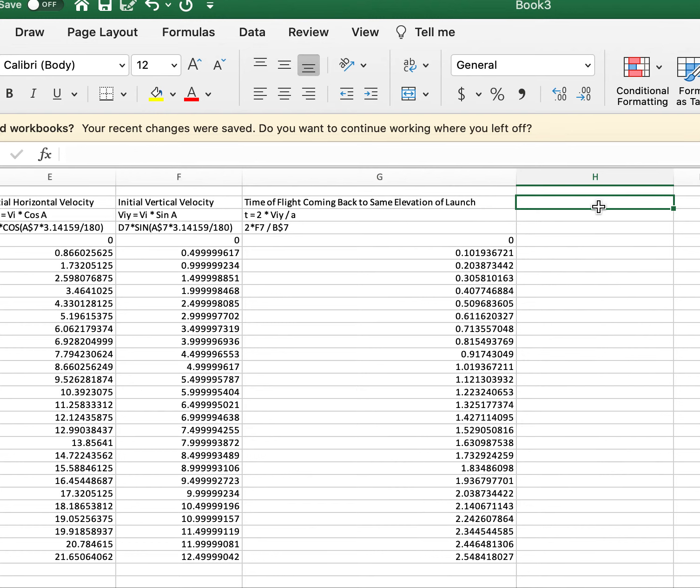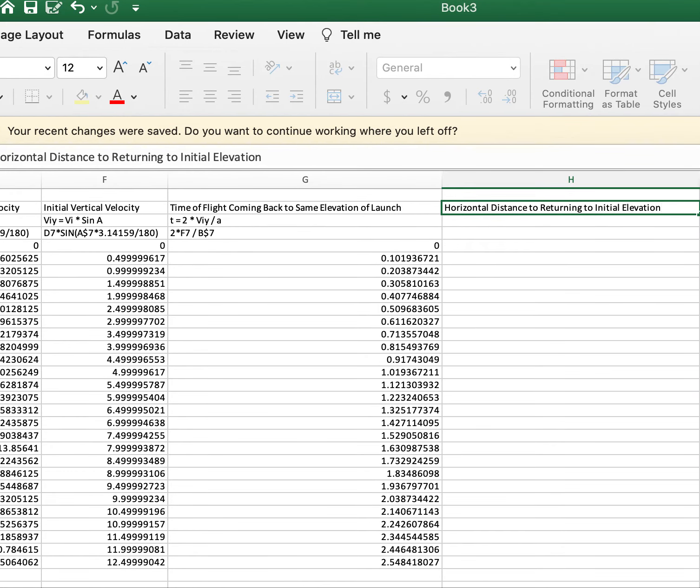Okay, so horizontal distance to returning is what you want.